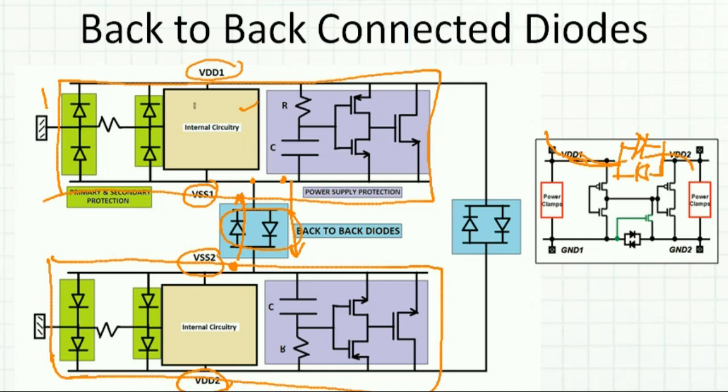So it can discharge from here, through this power supply clamp also, or if an ESD event occurs here, it can discharge from this clamp also. That's why we see back-to-back connected diodes when you have multiple VDDs and VSSs. So this is one other type of protection.